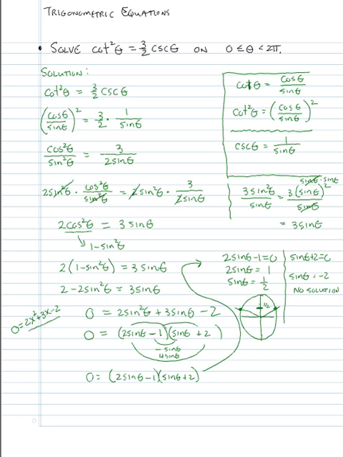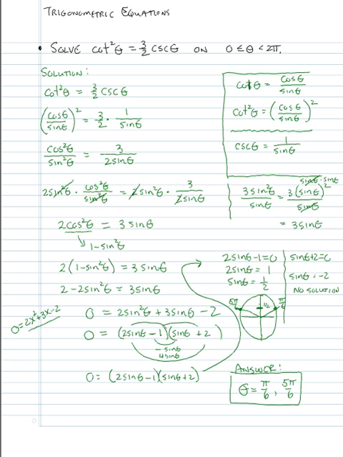And this is the angle pi over 6, and this is the angle 5 pi over 6. And so the solution here would be theta can be pi over 6. We'd have a solution. Theta could be 5 pi over 6. We have a solution.